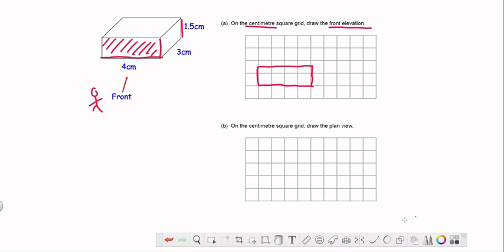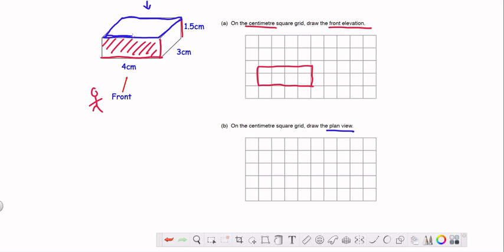Right, the next part, part B, it's asking for the plan view. So imagine somebody looking directly above it, or you can call it the bird's eye view. What would that person see? That person would see this rectangle here. So I need to draw an accurate diagram of that.